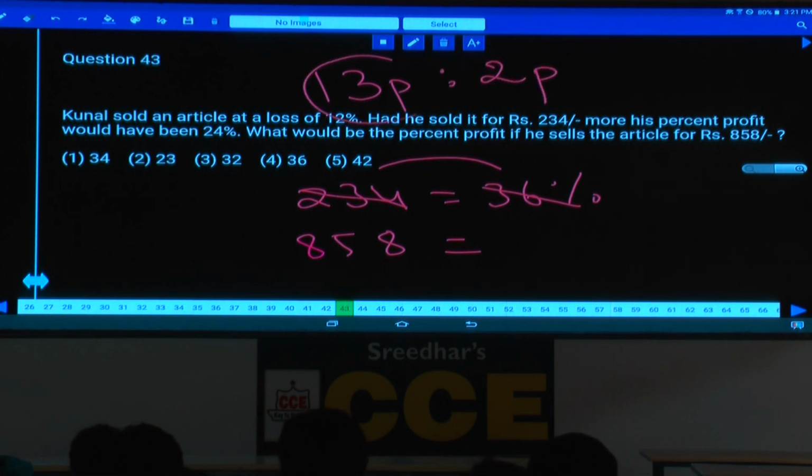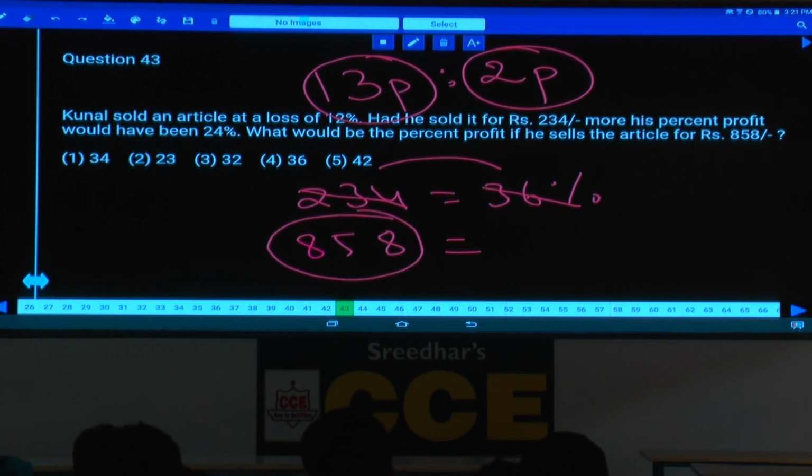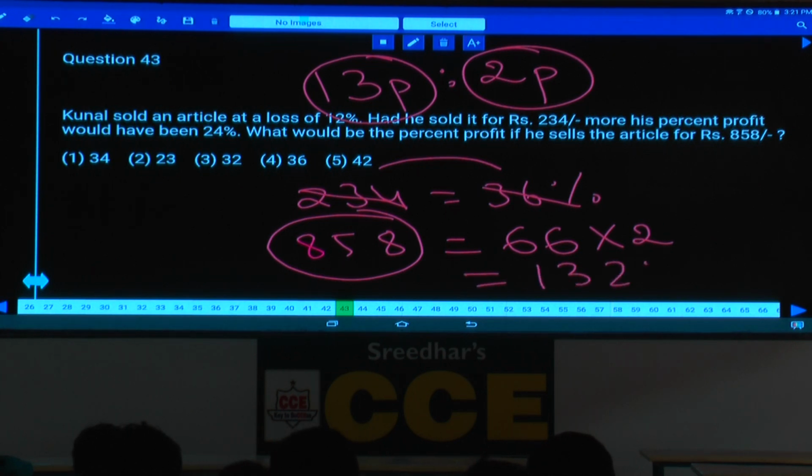So they must be in the ratio 13 is to 2. 13 how many times? 6 times, and again 6 times into 2. 66 2 times, 132. If you get 132%, the percentage of profit 32%. For simplification, I am going for the ratio concept, 13 is to 2. Left hand side number and right hand side number both must be in the ratio 13 is to 2.